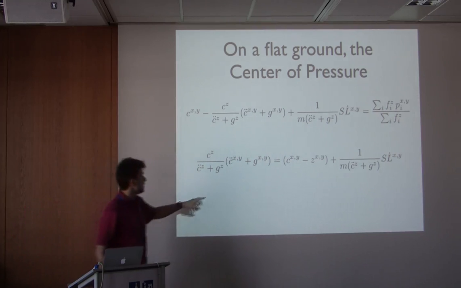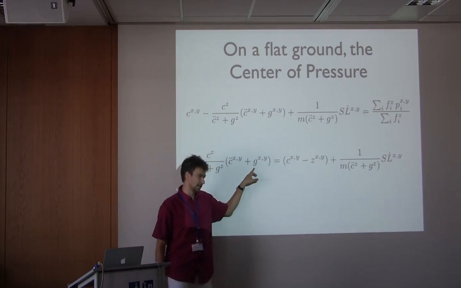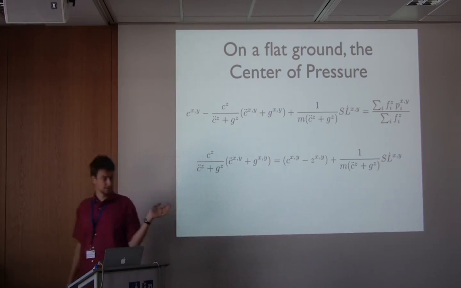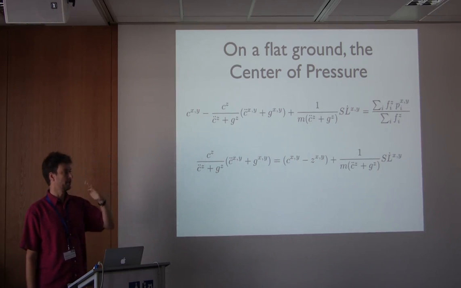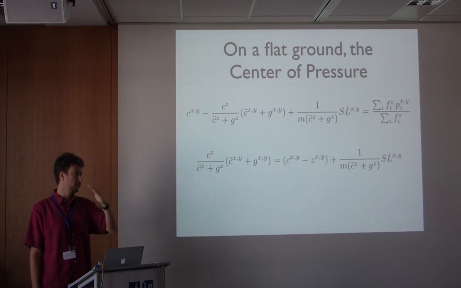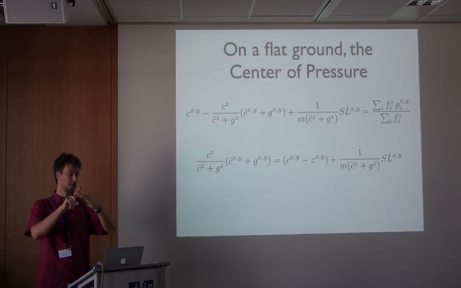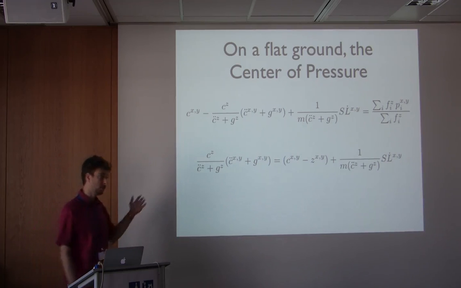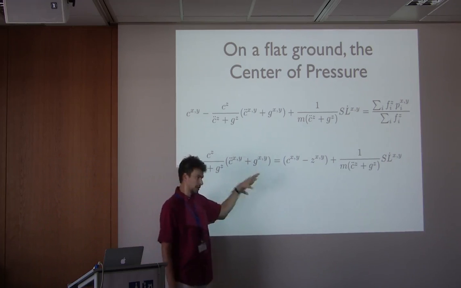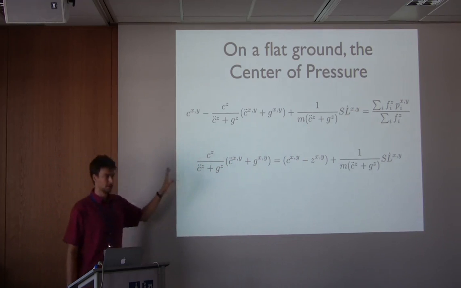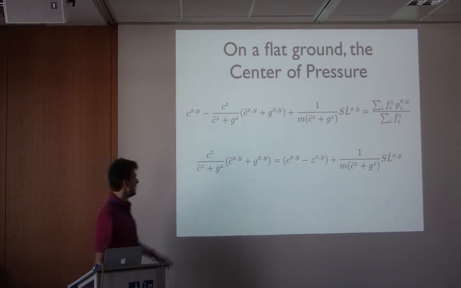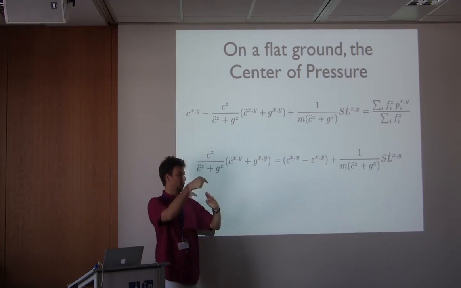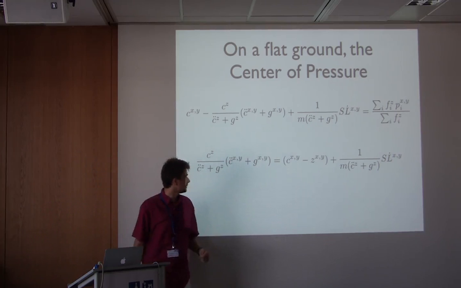Here you can see that I consider the X and Y coordinates of gravity. Why am I doing this? Well, because here I consider a flat ground, but it can be flat but not horizontal. So here what I took is the Z coordinate, which is orthogonal to the ground, but I wrote a completely general equation, even for walking on a slope. So this is correct, whatever the flat ground you are walking on. So you have some gravity along X and Y if you are on tilted ground.